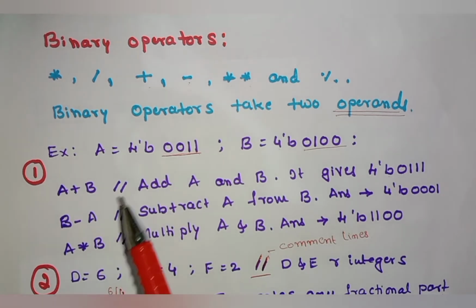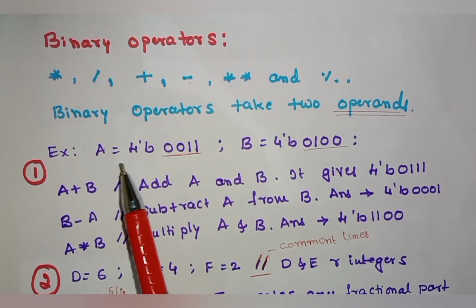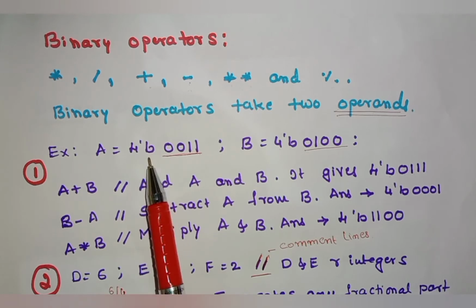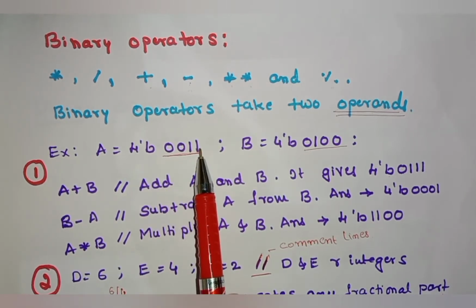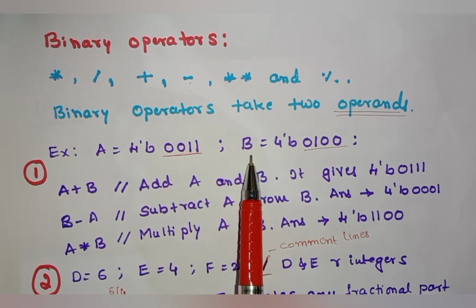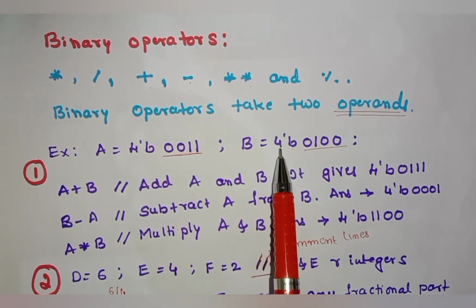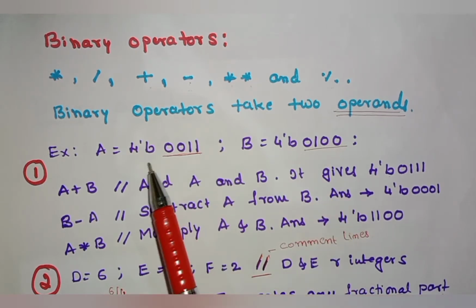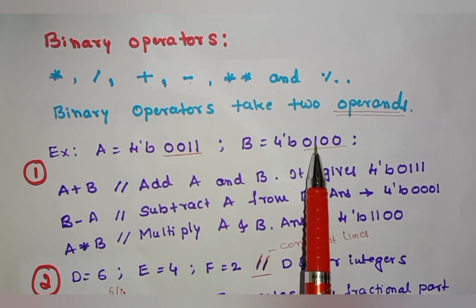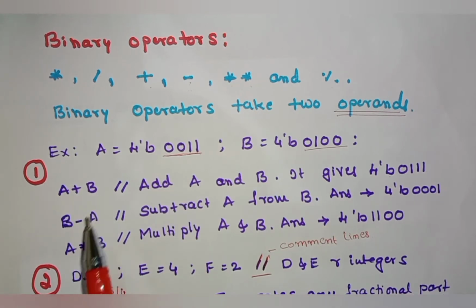Let us take a equal to any 4-bit binary number, 0011. Next, take b equal to the 4-bit number 0100. These are the two binary numbers. If I want to find a plus b, what is the answer?